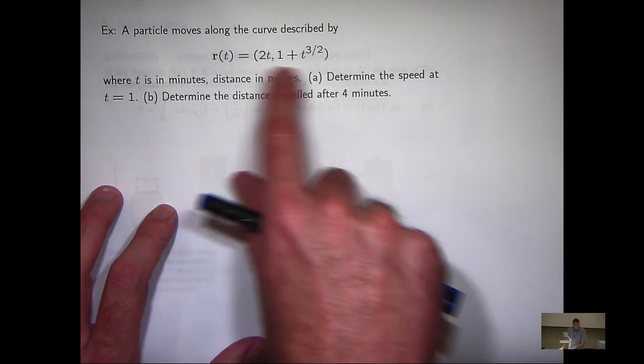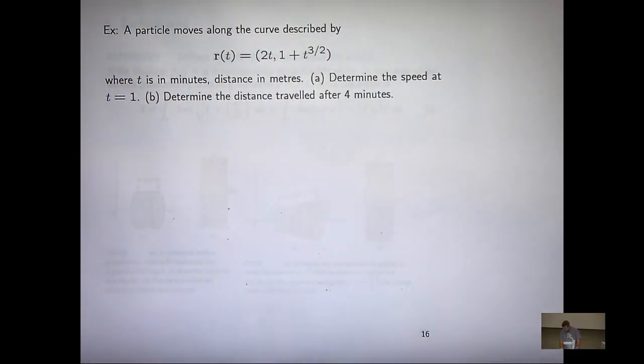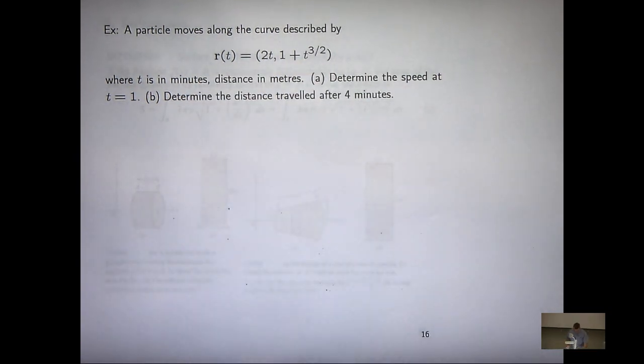We've got a curve described by this parameterization here. The time t is in minutes, and the distance is in meters. First of all, determine the speed of the particle at time t equals 1, at 1 minute. And secondly, determine the distance travelled after 4 minutes.